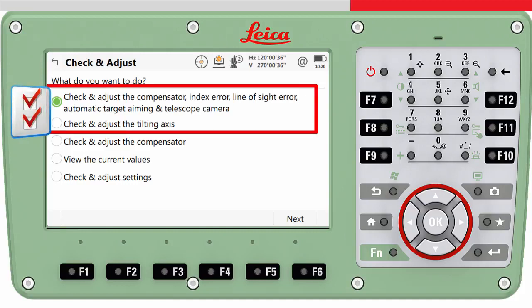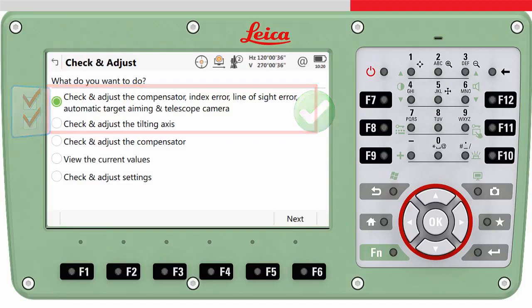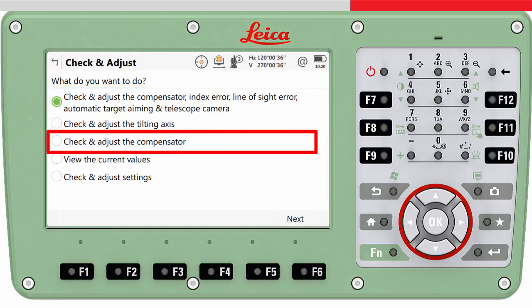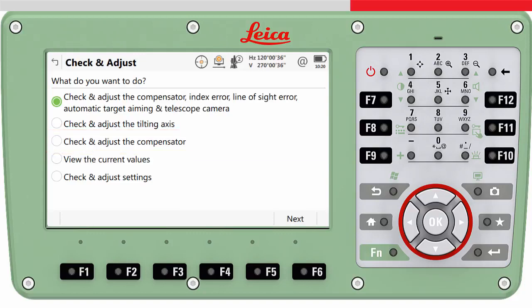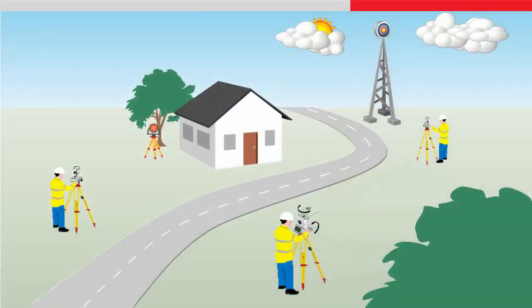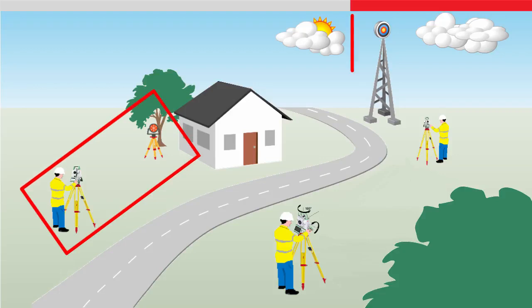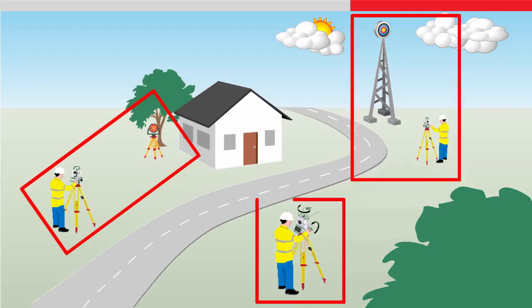Completing the first 2 routines will check and adjust all possible error sources. The third routine calibrates the inclination compensator only, which is not necessary if the combined calibration routine was executed before. It has to be considered that all 3 routines require different setups and different targets respectively.